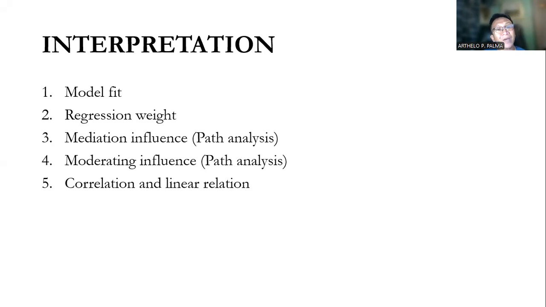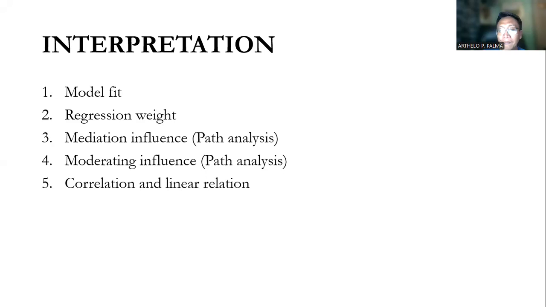And we also have path analysis, the mediation and moderating influence, which you can simultaneously do in structural equation modeling. But in linear regression, it will take time to do so. And you can also do correlation and linear relation investigation in structural equation modeling, which we already discussed.